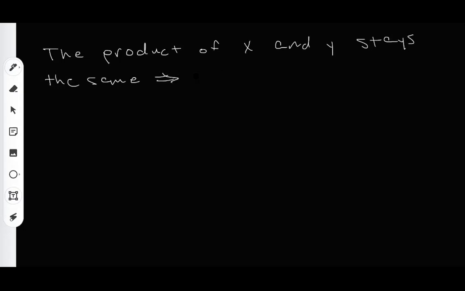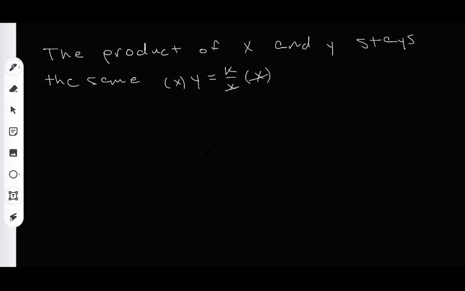And this is because if you were to start off with the inverse variation, y equals k over x, then what you could do with this formula is you could multiply both sides by x. So let's say I was to erase this arrow and I multiply both sides by x. So I'm going to have an x over here, I'm going to have an x over here. And what's going to happen is these two x's that you see on the right side are going to cancel each other out.